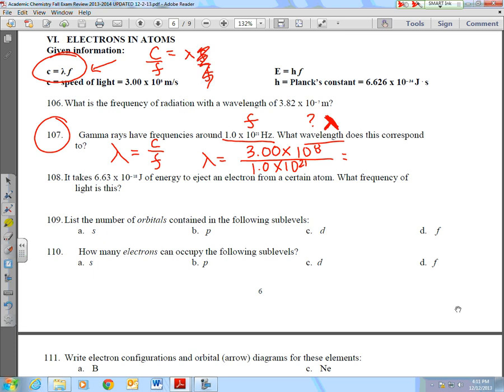So 3 times 10 to the 8th, divided by 1 times 10 to the 21st, and I get 3 times 10 to the negative 13th. And because I'm solving for wavelength, the unit is meters. It's always going to be meters.